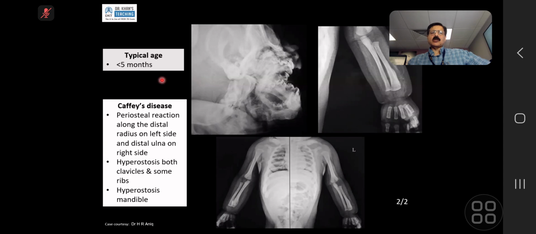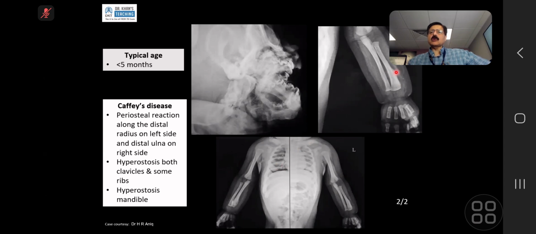Where is the periosteal reaction? The key point is that the periosteal reaction is in the mandible. If you see here, there is a periosteal reaction along the mandible. Then the clavicle. Look at this clavicle and this clavicle, and you can see periosteal reaction there. And then look at the long bones.